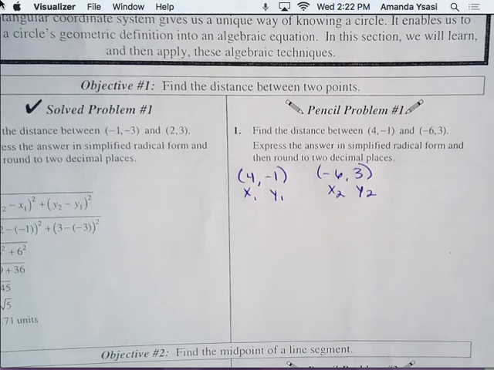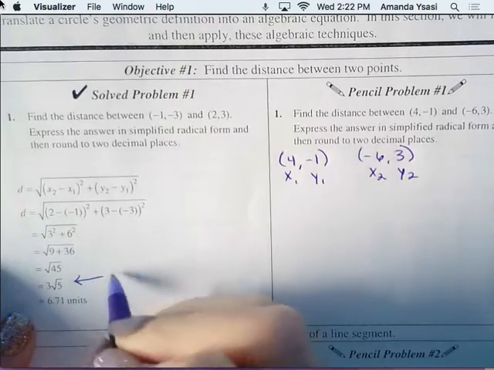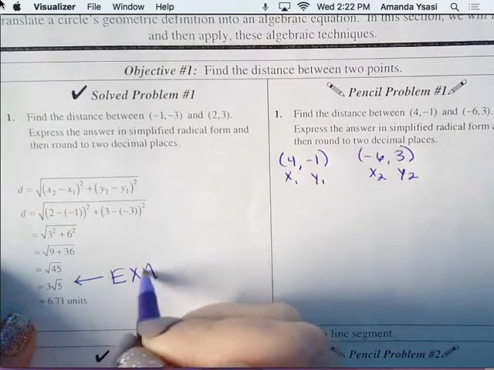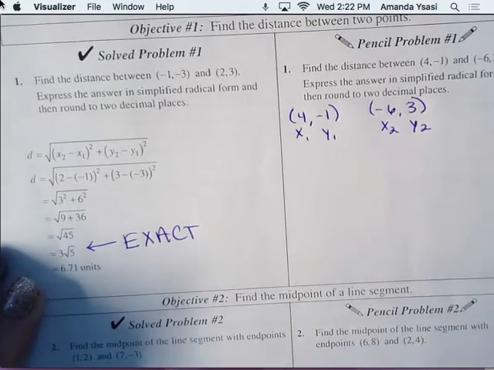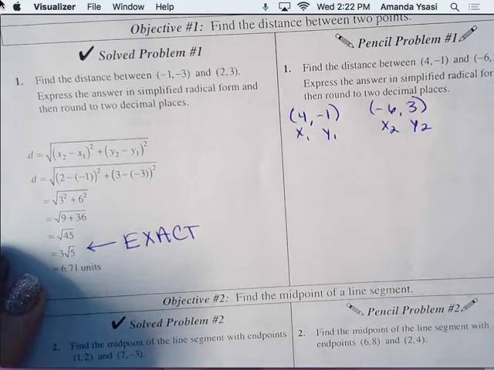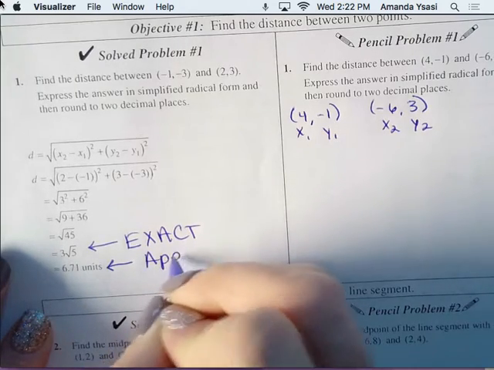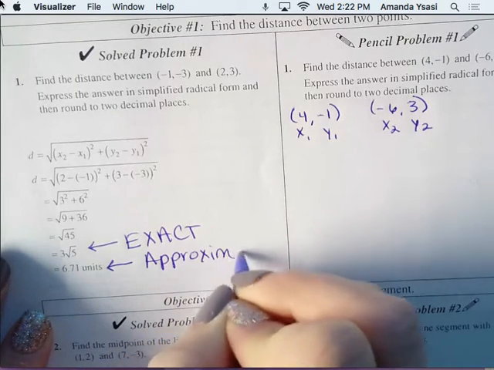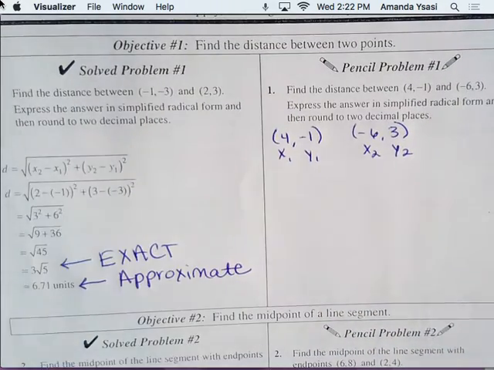We are going to need to write the answers as the simplified exact answer with the square root symbol, with our radical being simplified, and also the approximate. So we're going to have to write them both ways.